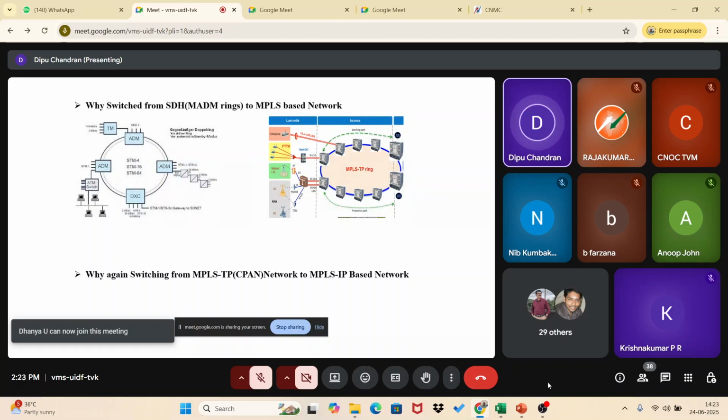Rather, in our CPAN rings, we may connect some 10 or 20 or even 30 LCOs in one network, because here only the actual traffic is carried in the network.